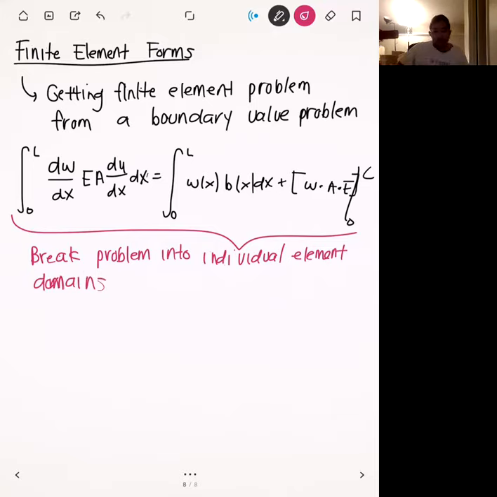And so think of finite element form as solving individual problems for each of the different elements. But just like all the finite element form problems that we talked about before, ultimately the goal is to take a situation like this and turn it into a linear equation problem.